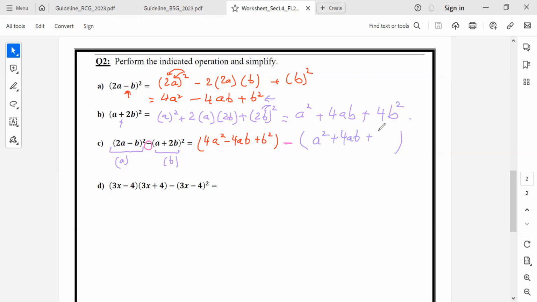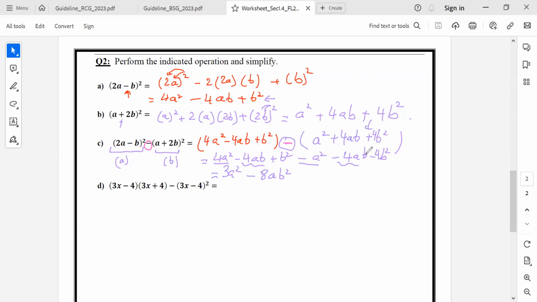Plus 4ab plus 4b squared. Then you remove parentheses. We keep this and we have minus, so we change all signs here. And we simplify: 4 minus 1, 3a squared, minus 4 minus 4, minus 8, here I forgot 4.